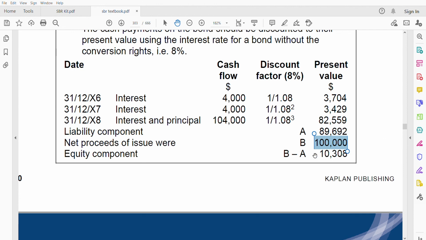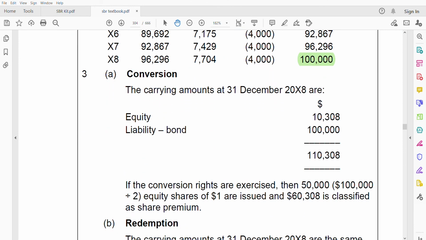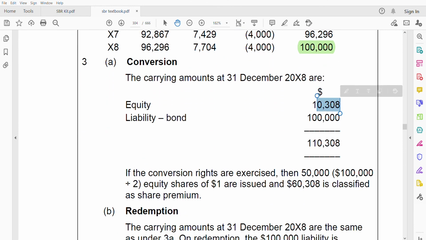With that, we have to add this equity component. In the statement of financial position, that will be the carrying amount: the convertible bond and the equity component. So the 100,000 and this equity component you add, and then you have to do this.